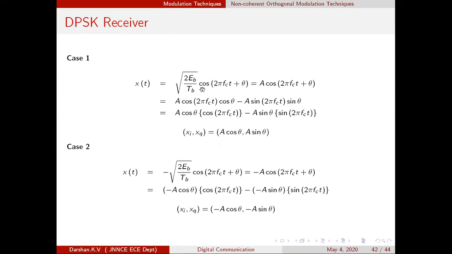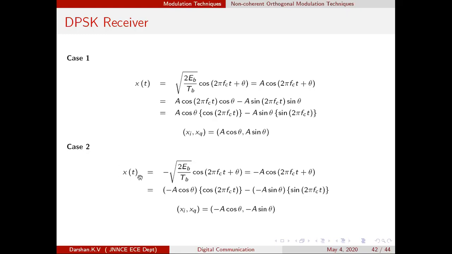The phase 0 signal is represented over here as root of 2 EB by TB cos 2 pi FCT plus theta. Where did this theta come from? This theta is the random phase introduced by the channel. Initially this theta won't be there; once you transmit the signal, the channel introduces some additional phase, that is this theta.